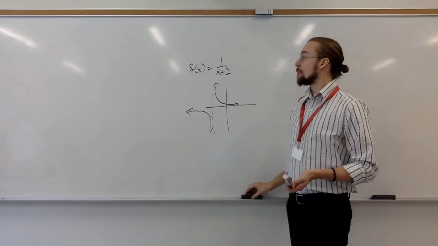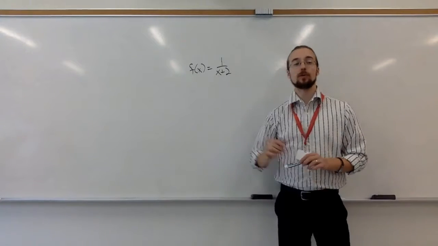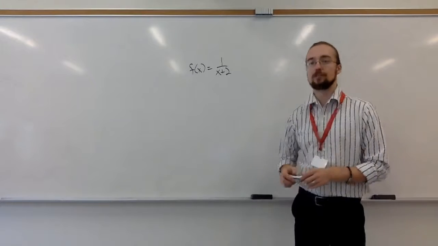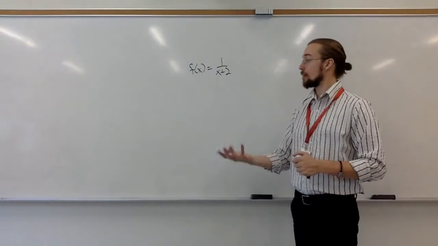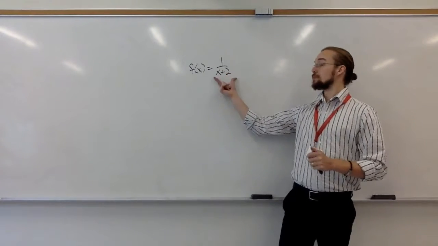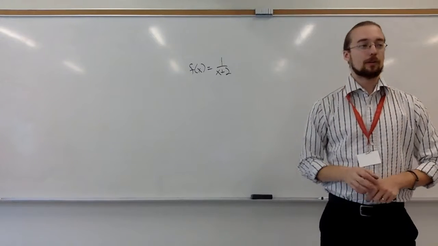There are some other problems in the homework where I just give you an equation, and those are a little bit tougher to visualize. If you come across one where you don't have any idea what the graph looks like, get a graphing calculator and graph it.